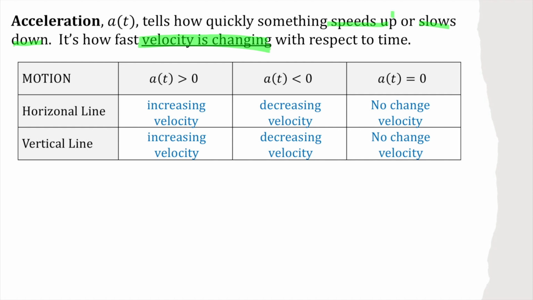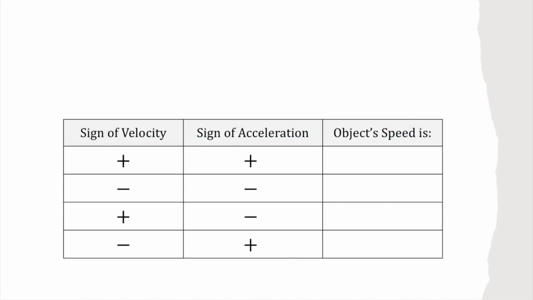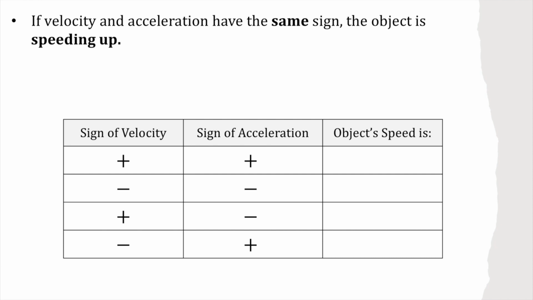But now let's talk a little bit more about speeding up or slowing down, because that can get a little bit confusing. If velocity and acceleration have the same sign, then the object is speeding up. So if the sign of velocity is positive and the sign of acceleration is positive, then the object is speeding up.